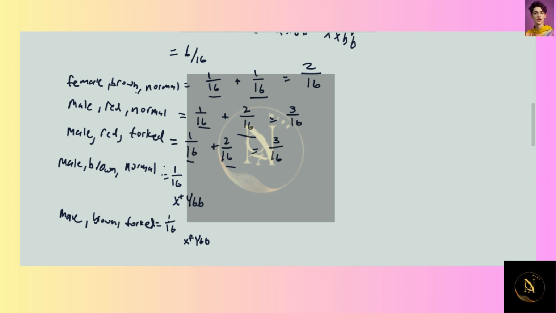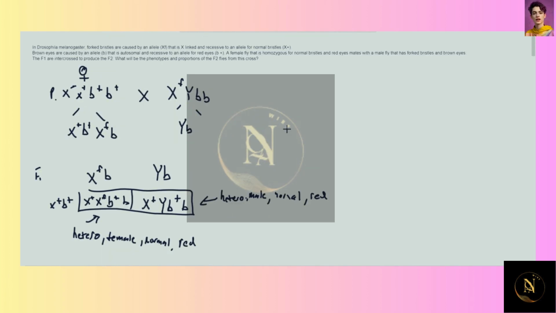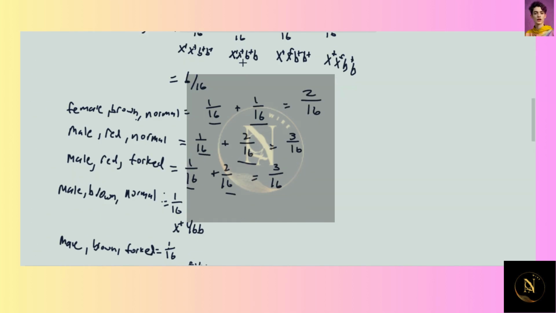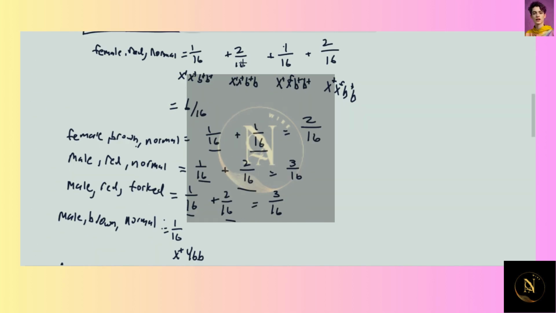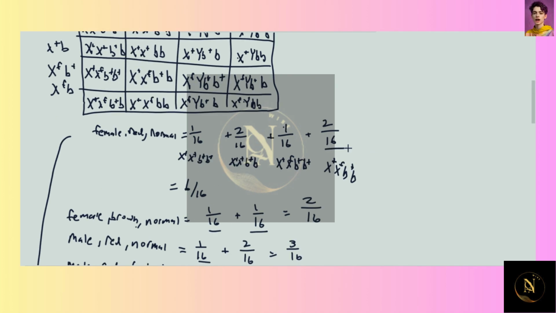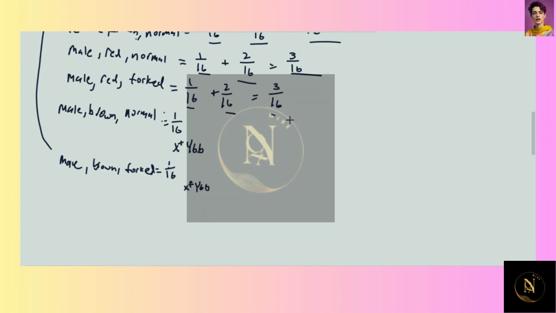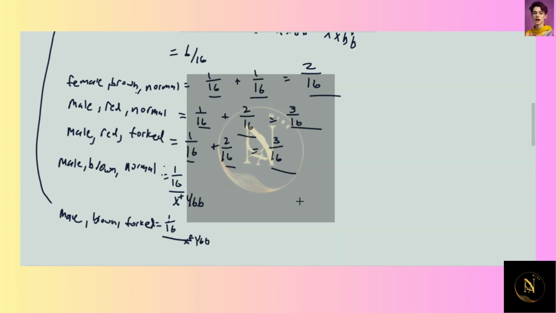So the phenotypes and the proportions of the F2 flies will all be these listed underneath the table then. So we have 6/16, 2/16, 3/16, 3/16, 1/16, and 1/16.